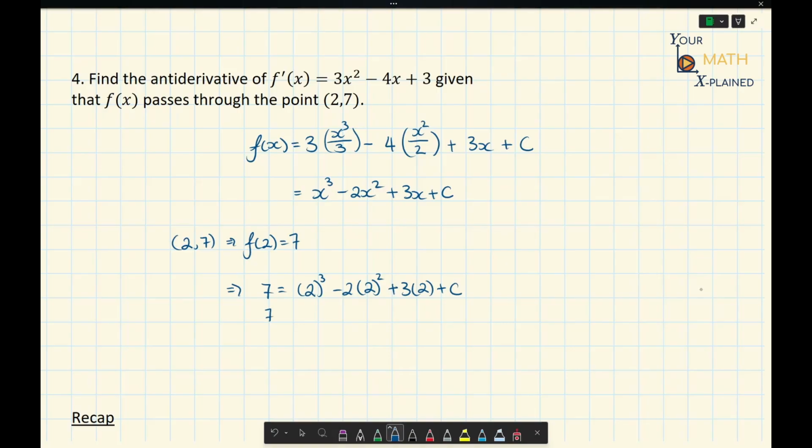So we get 7 is equal to 8 minus 8 plus 6 plus c, which means c is equal to 1. So therefore, our final answer is going to be f of x is equal to x cubed minus 2x squared plus 3x plus 1.